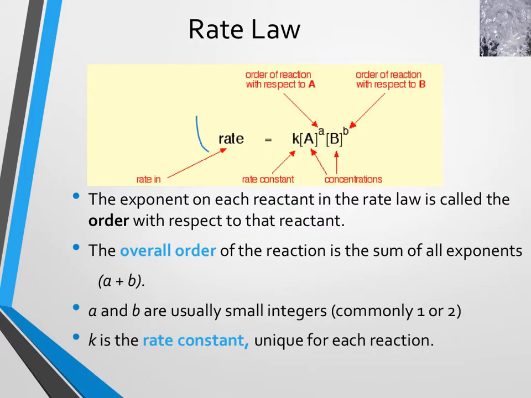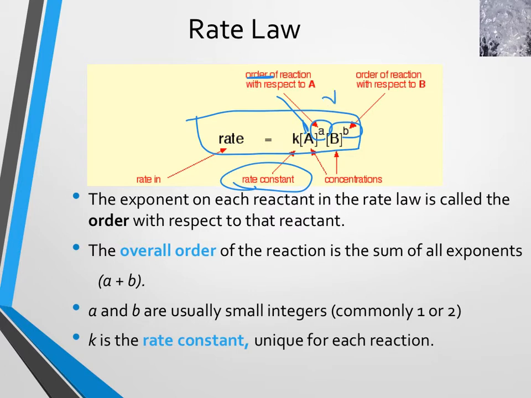So here's that generic rate law expression again with all the variables defined. The rate constant, lowercase k, has a lot of different factors incorporated in it, which we'll talk about later toward the end of the chapter, but temperature is part of the rate constant. Again, these exponents are called the order of reaction with respect to each of the reactant concentrations.